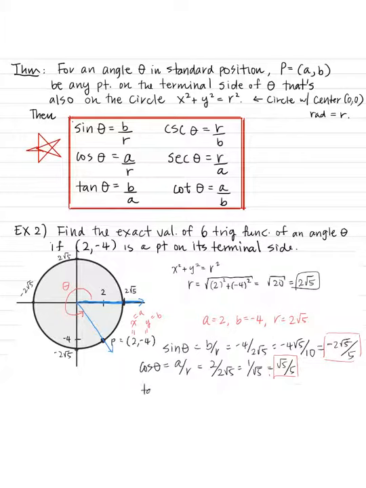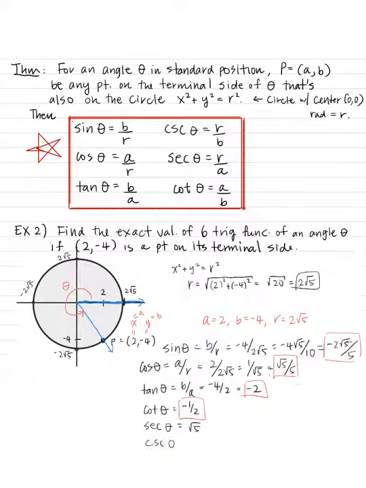Okay, so the tangent of theta is sine over cosine, so it's b over a. So you're going to have negative 4 over 2, which is negative 2. All right, and then cotangent of theta is the reciprocal of tangent, so here you're going to have negative 1/2. And then secant of theta is 1 over cosine, so here you're going to have just square root of 5.